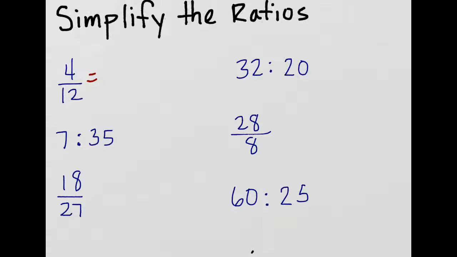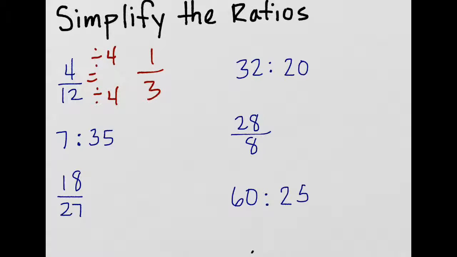We have to think about what's the greatest common factor of 4 and 12. And the greatest common factor is 4. I always like to try and see if the smallest number will go into the other number, and indeed it does. And 4 goes into 4 once, so my top number is 1, and 4 goes into 12 3 times. So my ratio, when simplified, is 1 to 3.